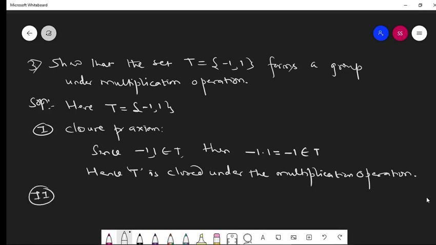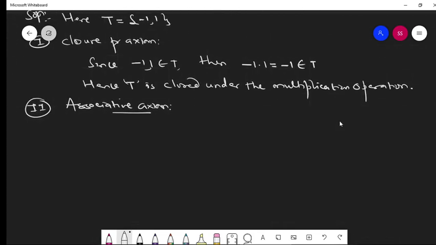Now move to the second part, the associative axiom. For this axiom, we have only two elements.